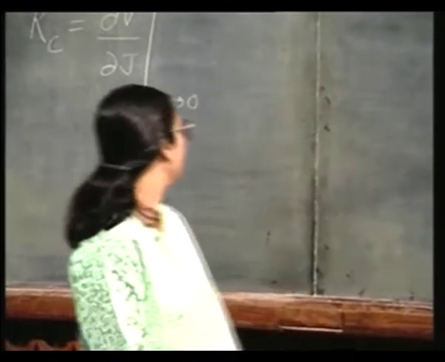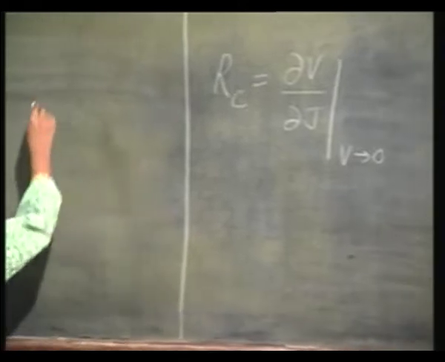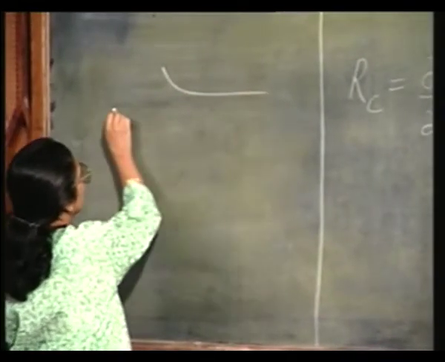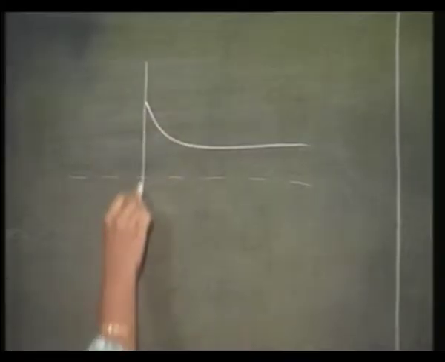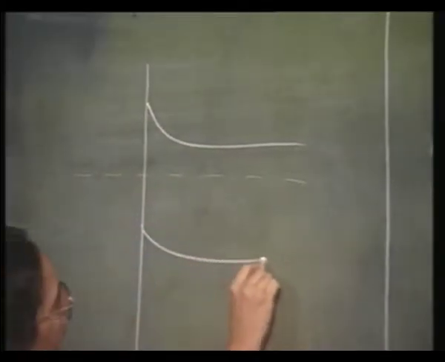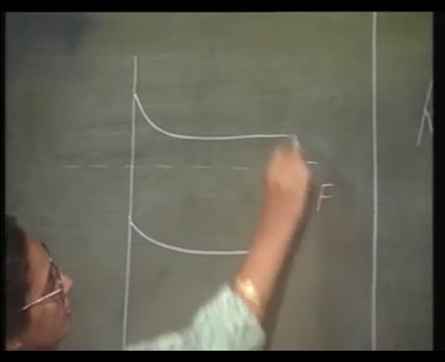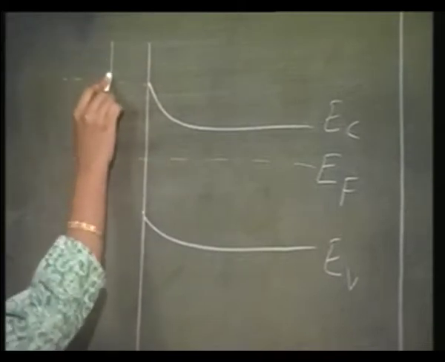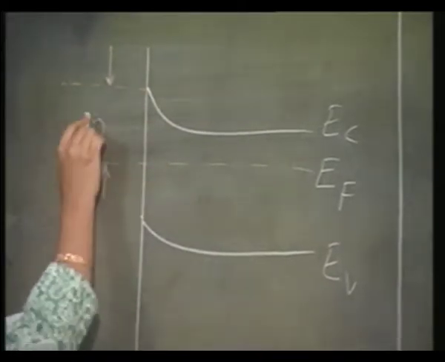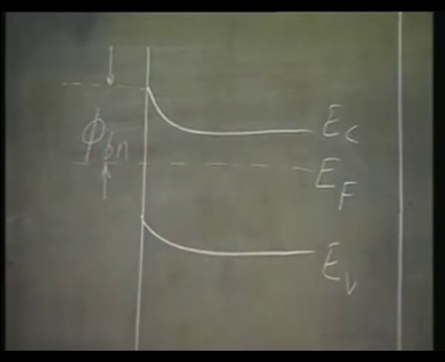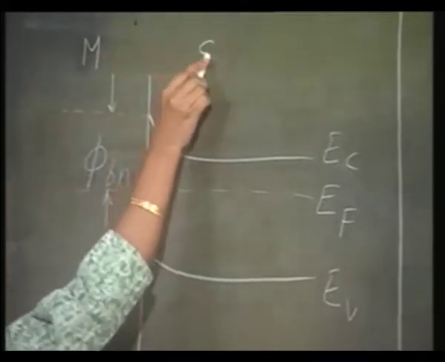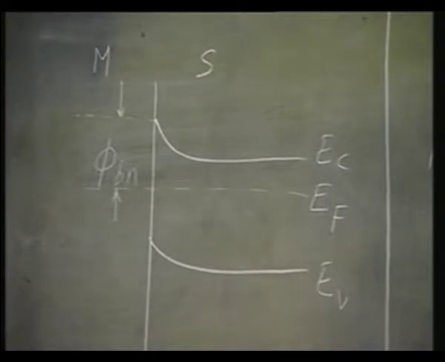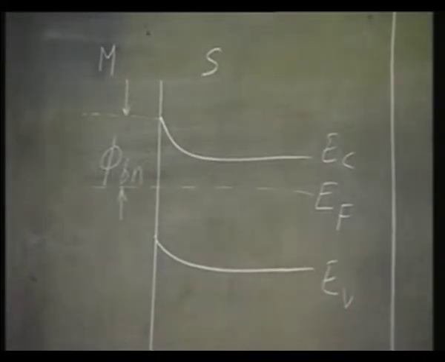For example, if I have an n-type semiconductor, then this is the Fermi level, this is EC, this is EV, and this is the barrier. In general if I have a metal, this side is metal, this side is semiconductor. In general, this is how the band structure is going to look like.